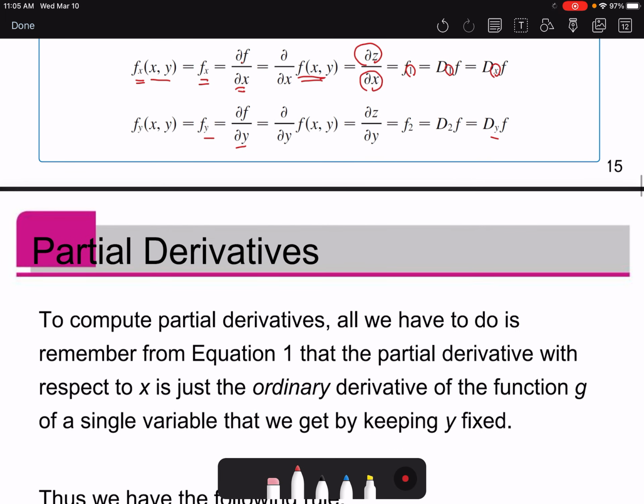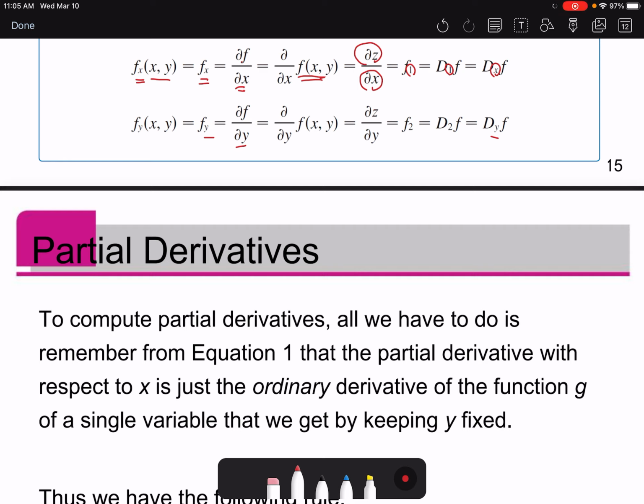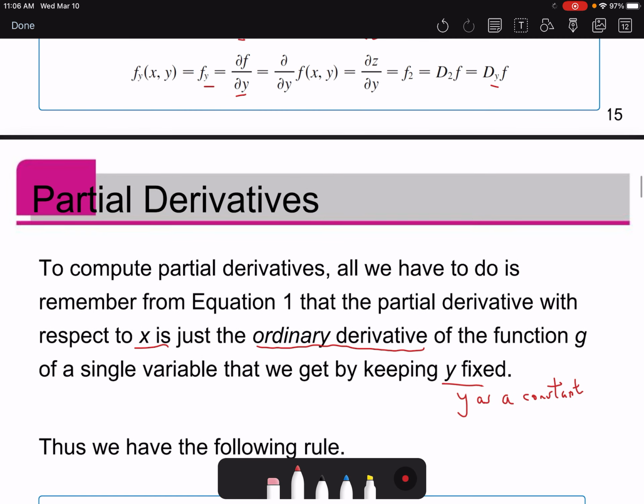To compute partial derivatives, all we have to do is remember from equation 1 that the partial derivative with respect to x is just an ordinary derivative treating y as fixed, as a constant. We do the same thing as an ordinary derivative with just one variable.